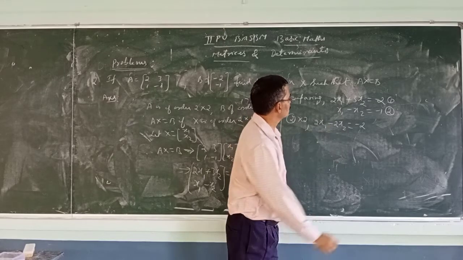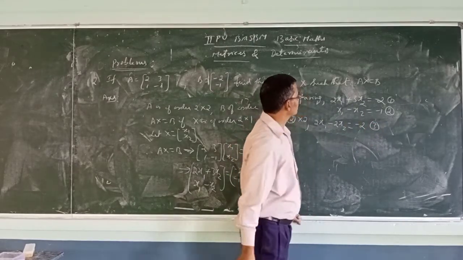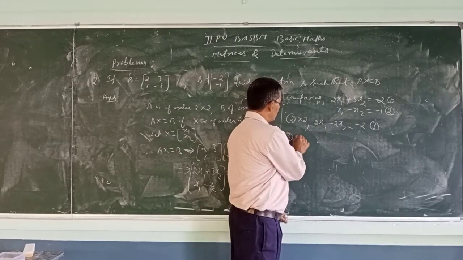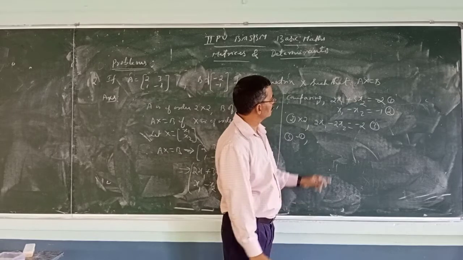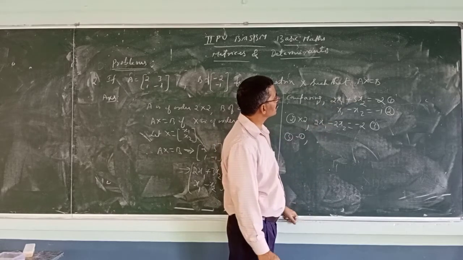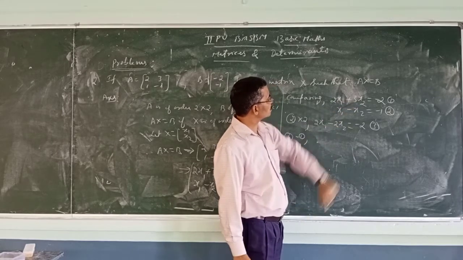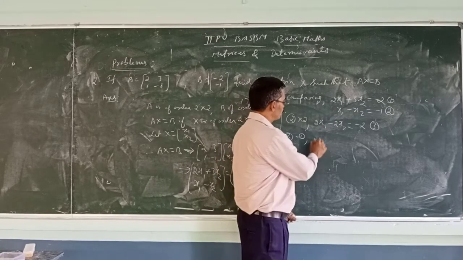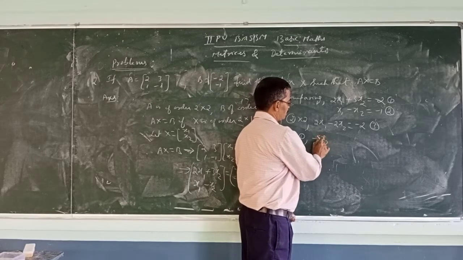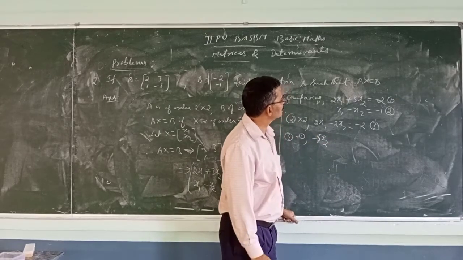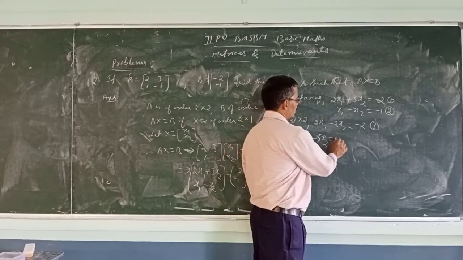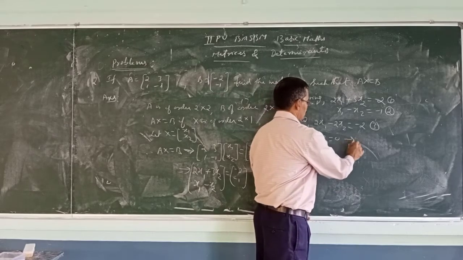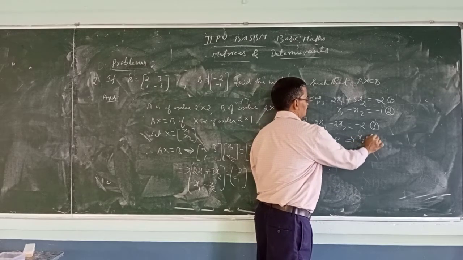Now subtract this from equation 1. 2x1 cancels, minus 2x2 minus 3x2 gives minus 5x2, equal to minus 2 plus 2, which is 0. This implies x2 equal to 0.